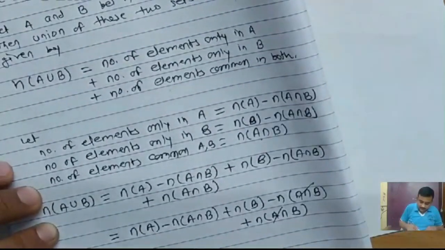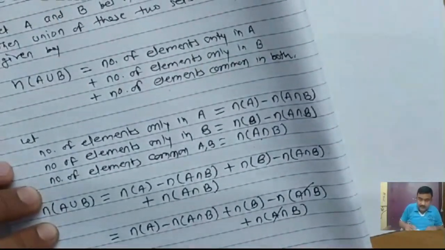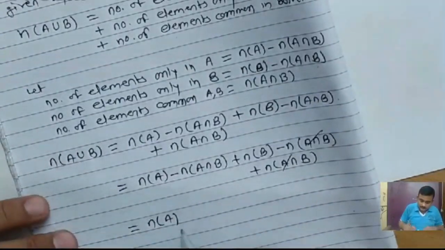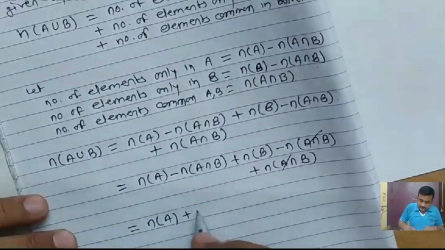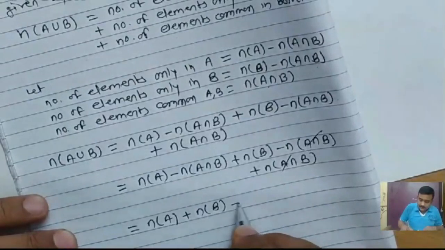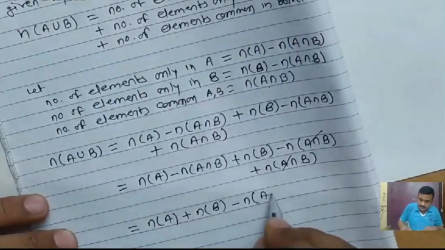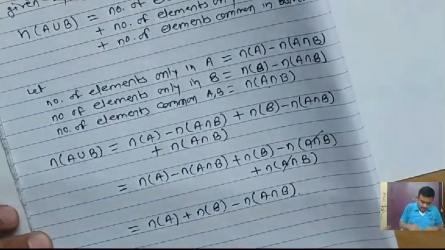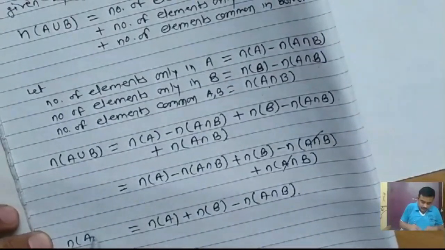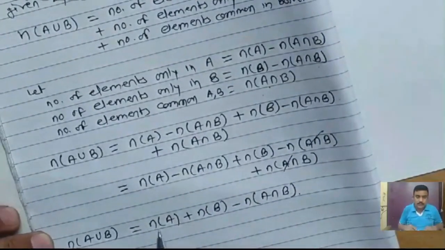The remaining value is the number of elements in A plus the number of elements in B minus the number of elements in A intersection B. So this is our principle of inclusion and exclusion for two sets.